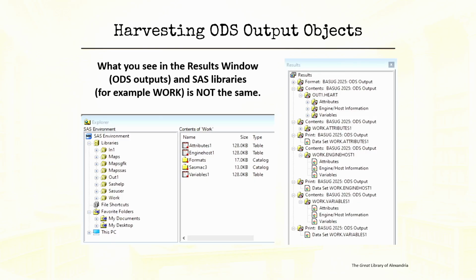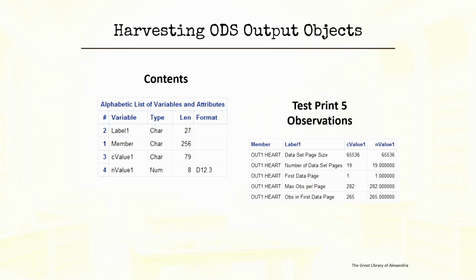The names may be similar, but they may not always be completely the same, like some of the variables within the files may be named differently, et cetera. Because you could right-click on one of those things in the results window and download it, and you will get different variable names than you would if you create the ODS output object. Just the way it works.